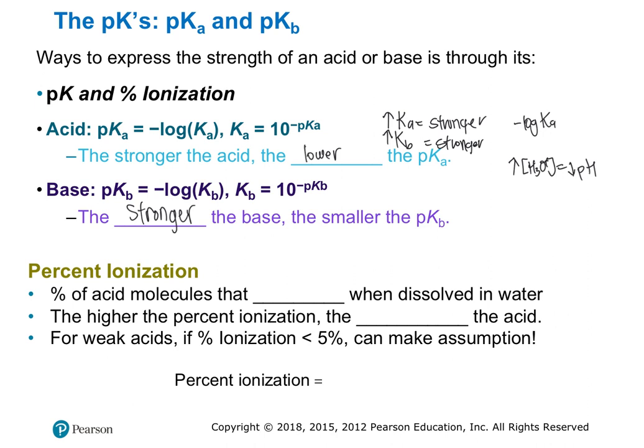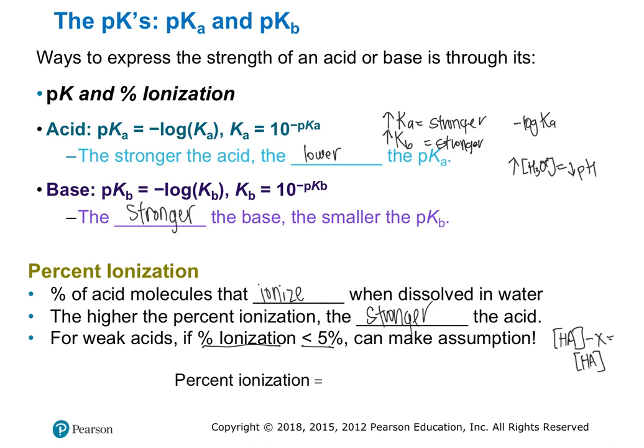And just like we did before, percent ionization is the amount of molecules that ionize or dissociate when in water. When I have a higher percent ionization, then I have a stronger acid. For weak acids, if the percent ionization is less than 5%, we can make the assumption that my initial concentration of acid minus X is basically equal to my original concentration of acid.